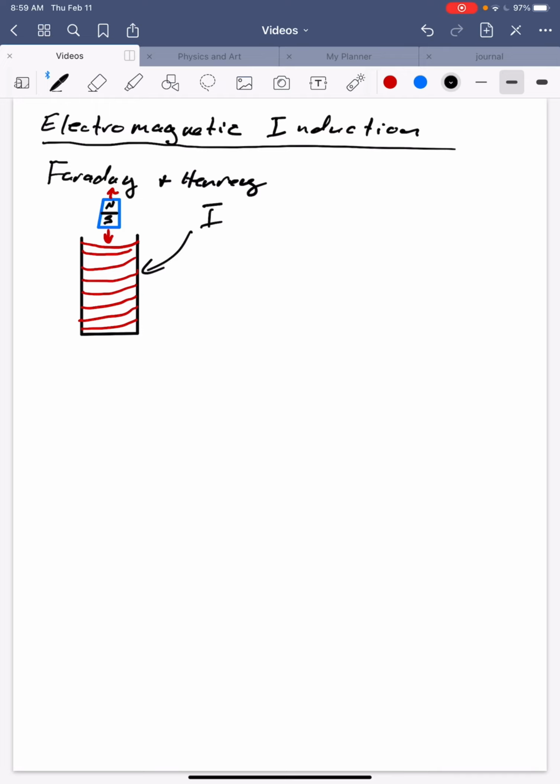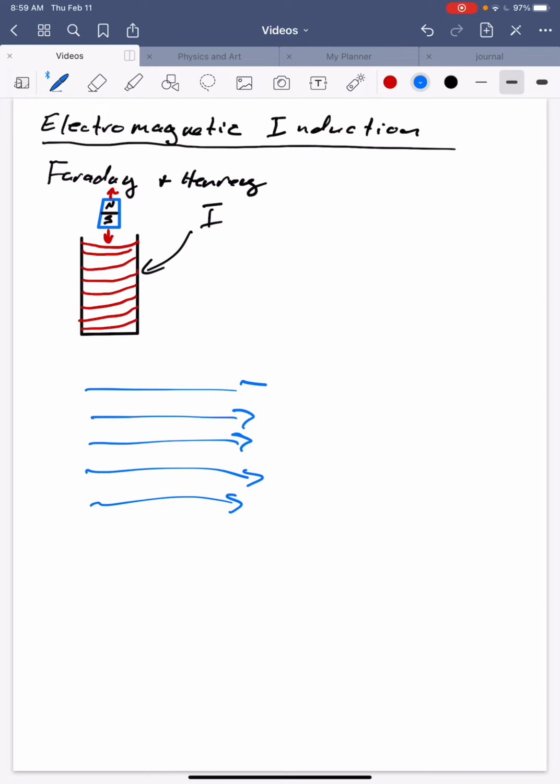And if we think back to magnetic flux, if I have a surface, if I have a magnetic field, say in this direction, like this, and a surface through which it's going through, if it's perpendicular, then it's just BA.